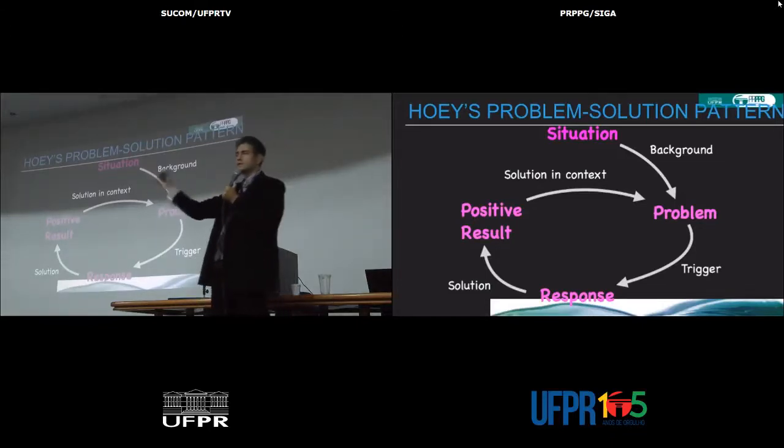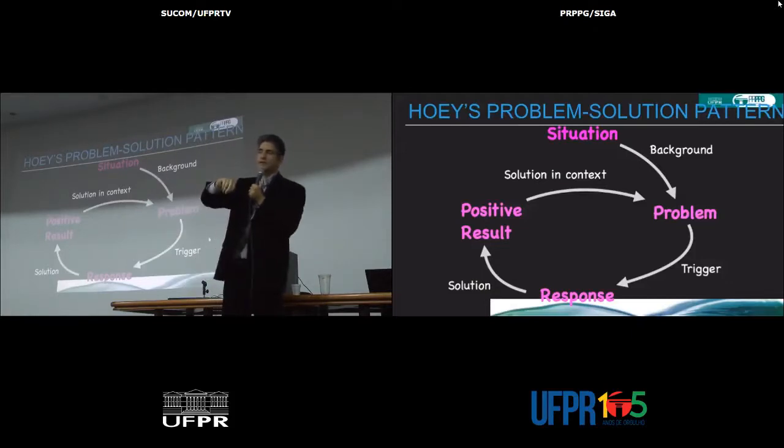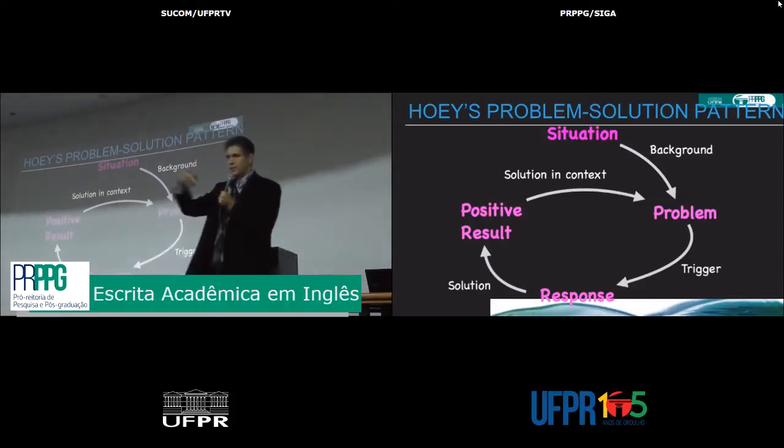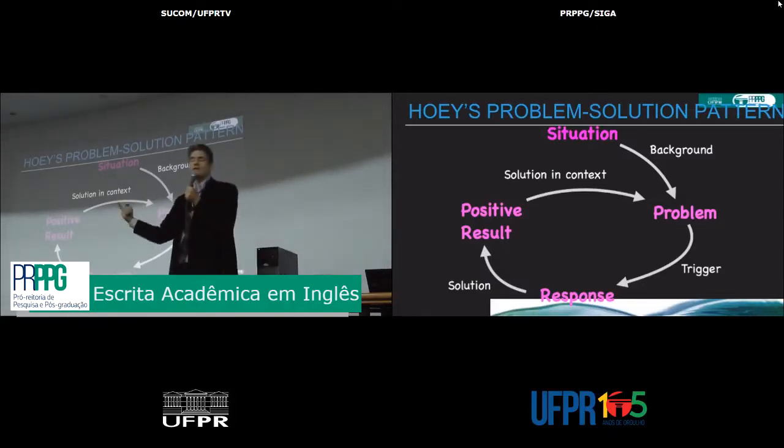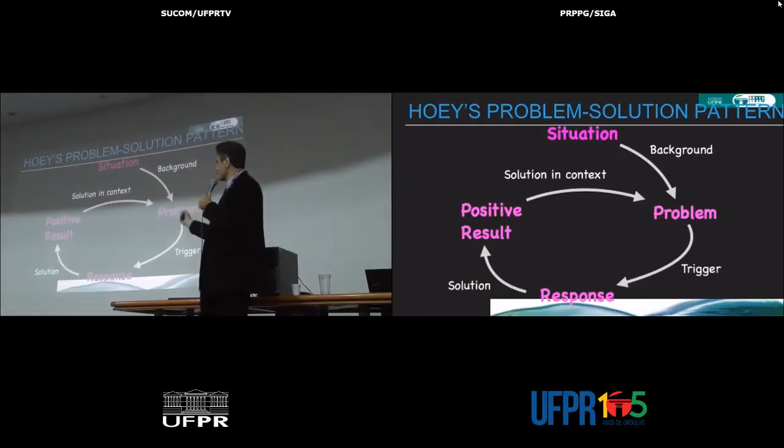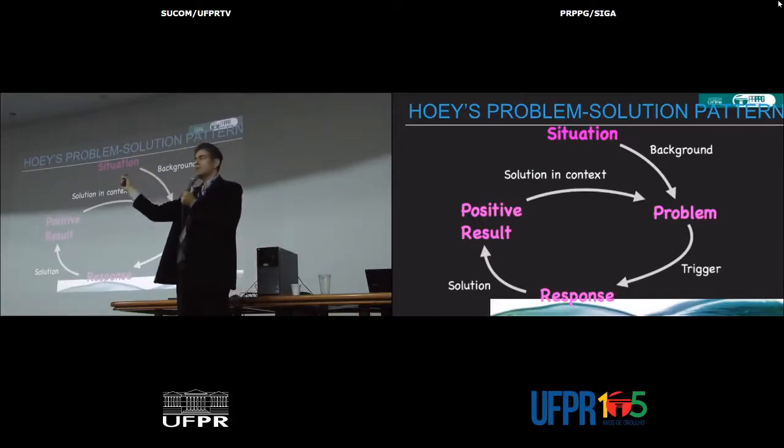So here's a situation, but there's a problem with that situation. And then a response to that problem, and then eventually at the end of articles, often coming full circle to here's what we did, here's the solution, and then bringing the solution back to the problem.